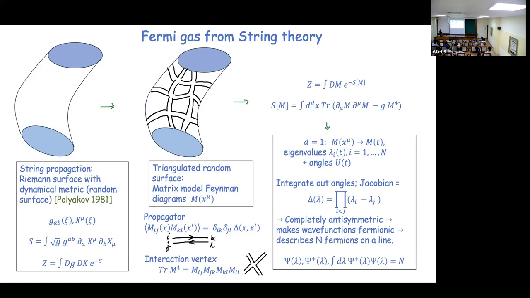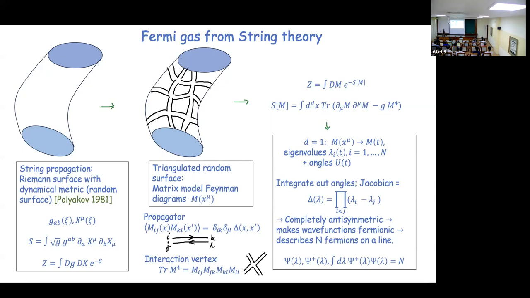The matrix model Feynman diagrams correspond to some triangulated Riemann surface, and the sum over various triangulations is given by the partition function, a sum over various Feynman diagrams, in the limit of very dense triangulations, which is typically the limit of large N matrix models, as well as some critical scaling that you have to do. So there's some stuff for double scaling.